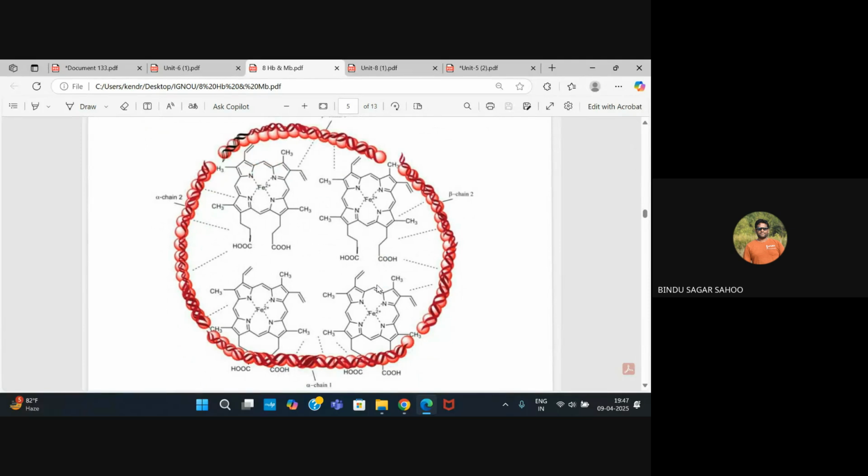You can see this is one heme group, connected with one chain, and this chain is connected to another heme group, and so on. So four globin chains are required, two alpha and two beta, and this single unit is called the heme group. This red part is the globin chain. That's why it is called a combination of heme with globin, and hence hemoglobin.